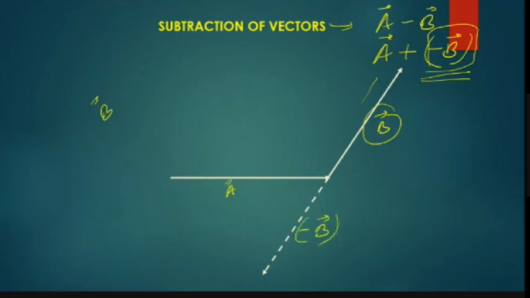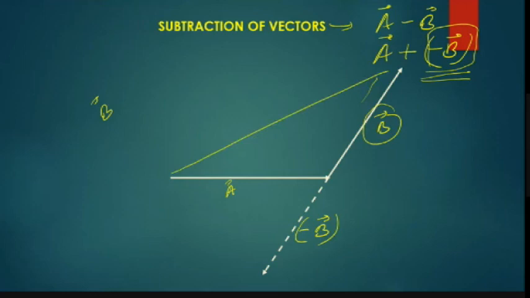Now can anyone try? You got A and you got minus B. How to get the resultant? Arsha, how to get the resultant? Triangular law of vector addition, A plus minus B. How? We have to join the third side. Okay, third side where? I can join two ways.